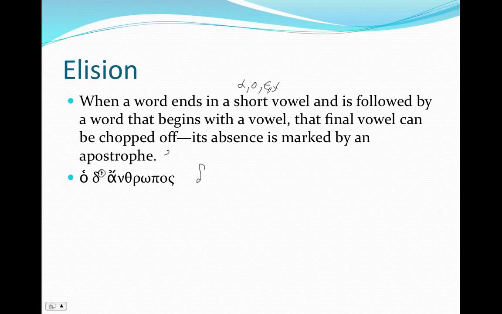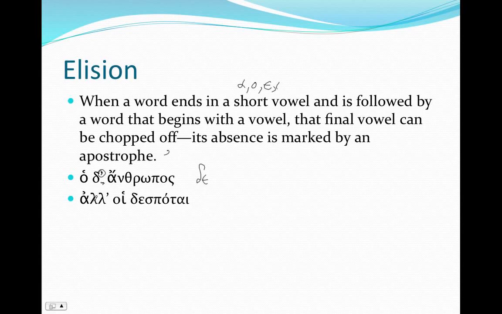Da, do, de. Yeah, de. So what this is really saying is ho de anthropos. Only Greeks would say ho d'anthropos. So just like contraction in English, elision happens in Greek. So when you see this apostrophe, ask yourself what vowel is missing.